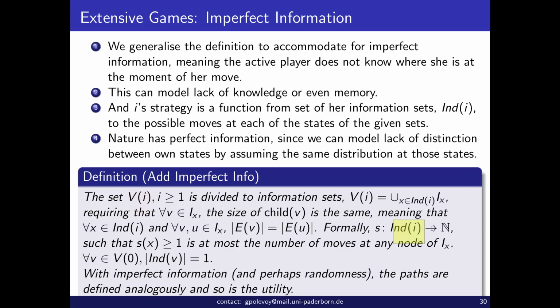So it's a function from your possible information sets, and for every information set the strategy gives some number, at least 1, at most the number of moves. These nodes have the same number of moves. So he says, okay, now I'm taking move number 5, and then depending on the actual state, the fifth of the possible moves is taken.